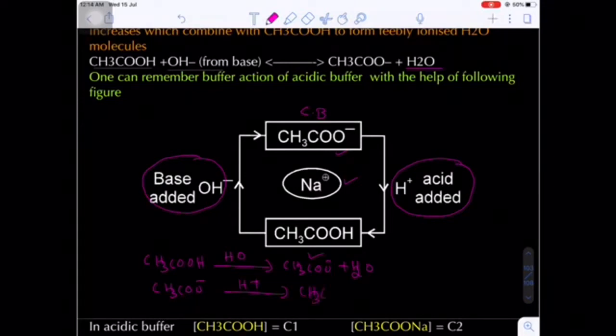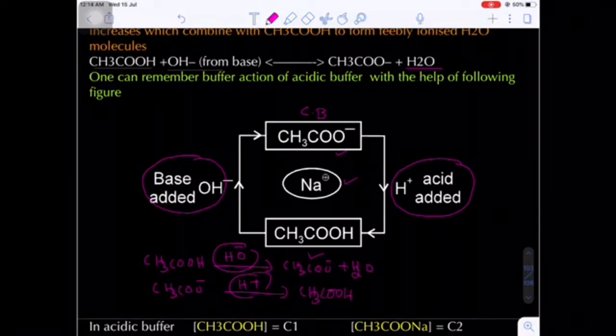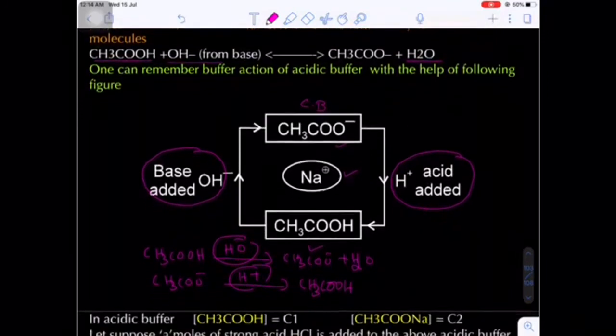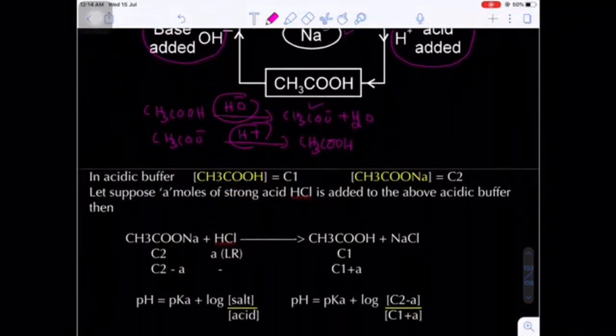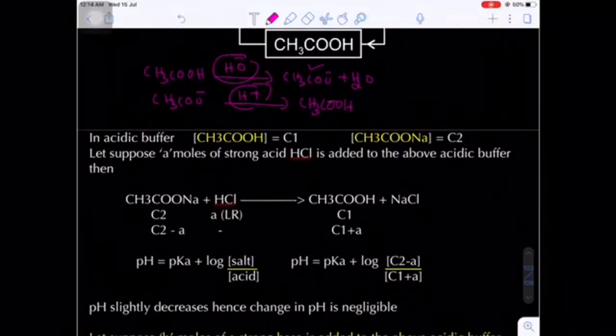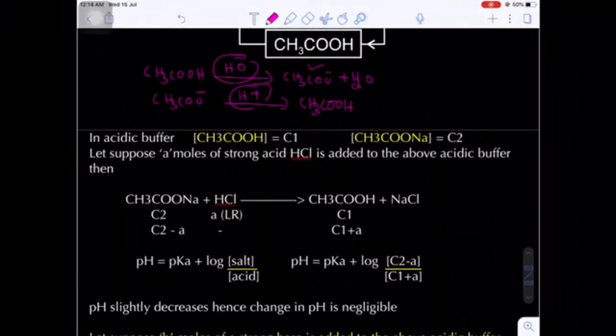If you add the acid, it combines with acetate ions to form undissociated acetic acid, or very less ionizable acetic acid. In these two cases, the change in OH minus ion concentration or H plus ion concentration will be negligible. So there is no change in the pH, or the change in the pH is very less, negligible. Are you getting me? Slight change in the pH.